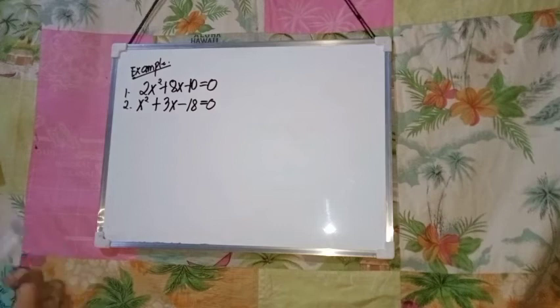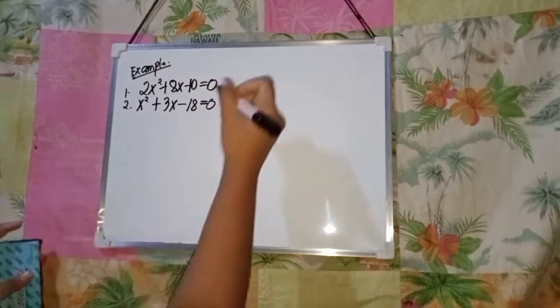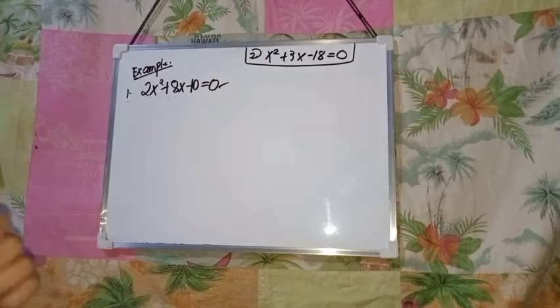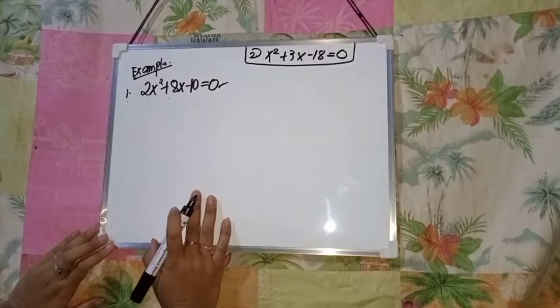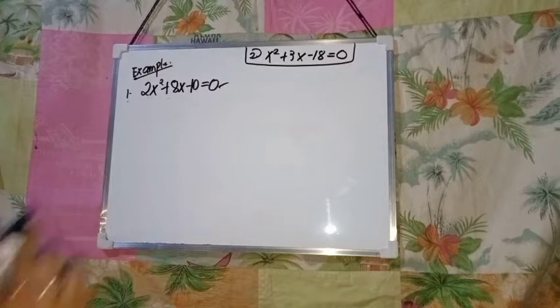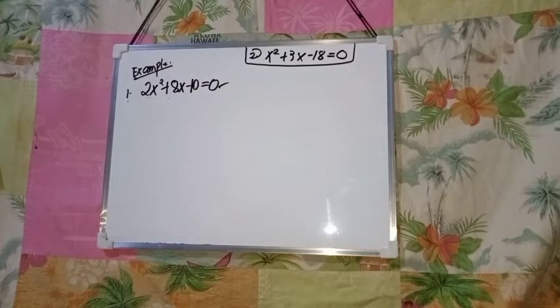But first, let's use this example. It states here that we divide both sides of the equation by a, then simplify. So in our equation, where is the a in a quadratic equation?